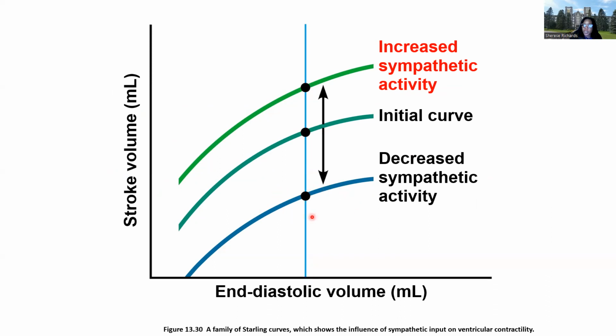And then here's our stroke volume if we have decreased sympathetic activity. Okay, so there is less stroke volume because we have less of that sympathetic influence, which is bringing about those four events. So we have less of the calcium channels being open, less of the myosin ATPase activity, less of the calcium ATPase activity, which brings our stroke volume down, even for the exact same end diastolic volume.